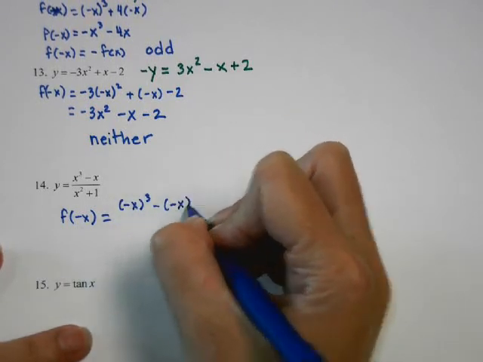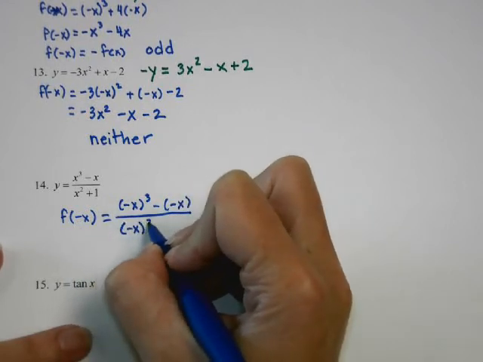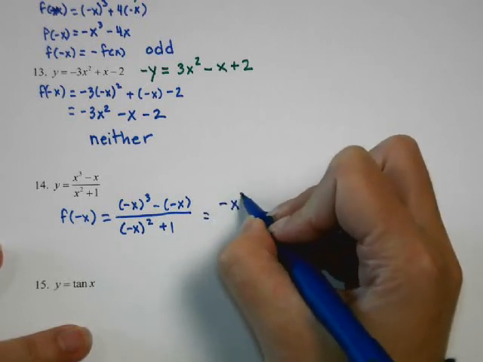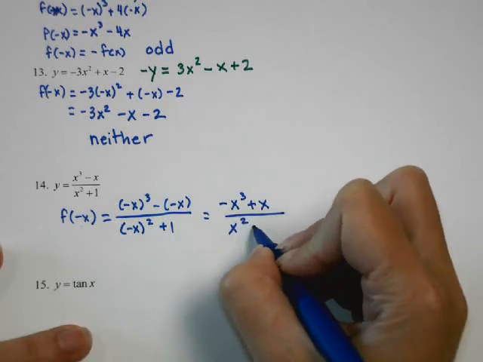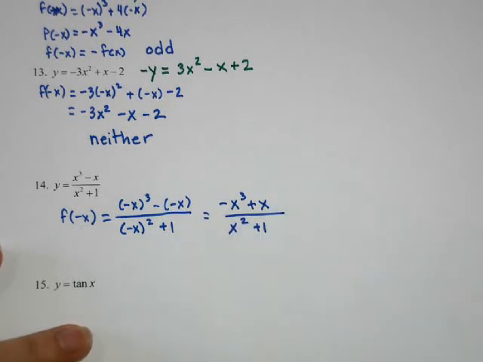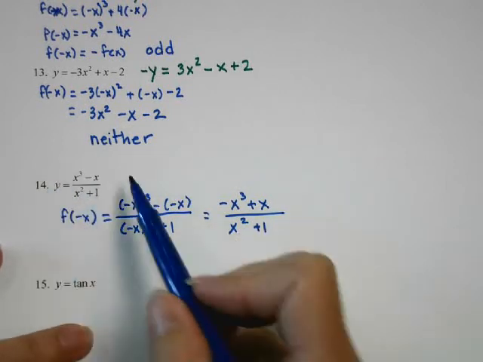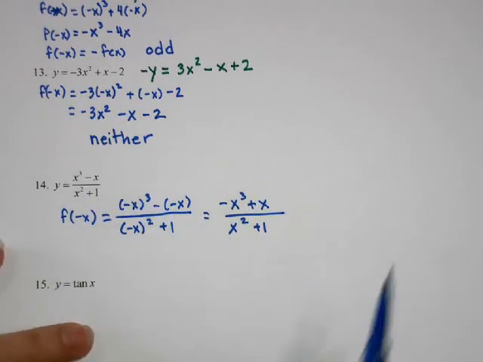On the bottom, negative x squared plus 1. So we get negative x cubed plus x over x squared plus 1. So if we look, the top is the exact opposite. The bottom is exactly the same. And fractions are going to behave a little bit differently.